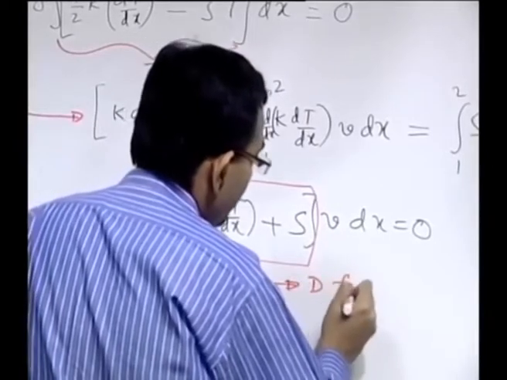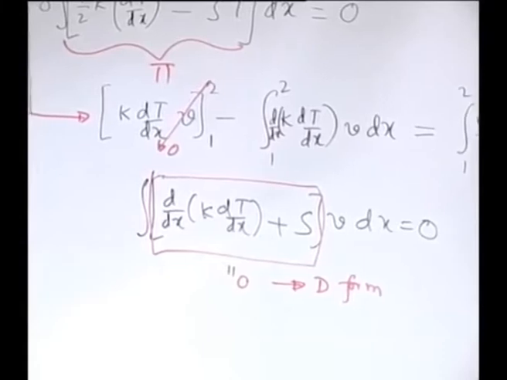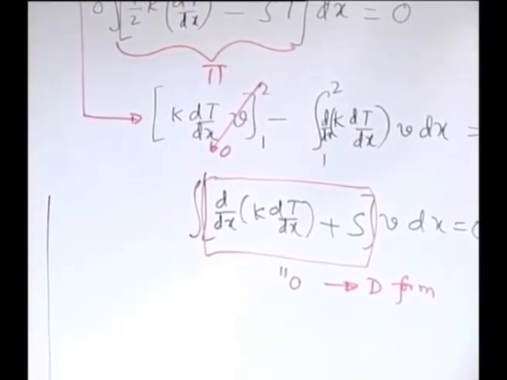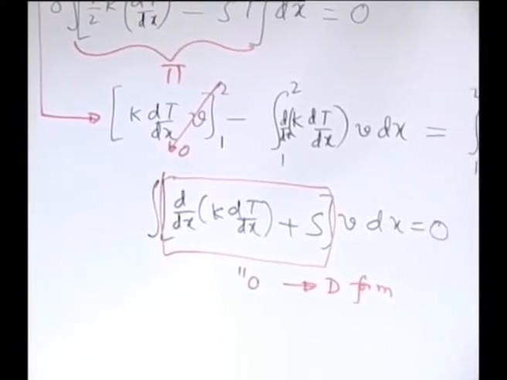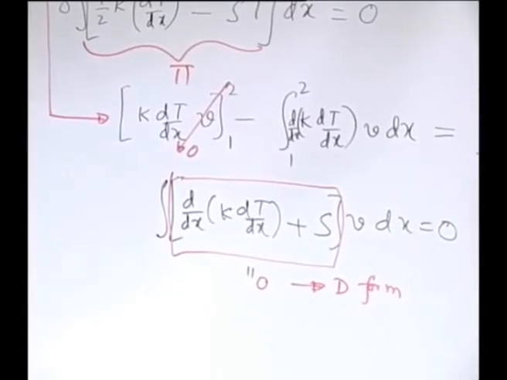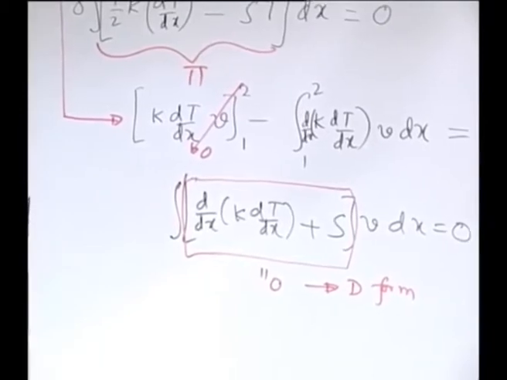So from the V form you could get back the D form, or you could get the M form also, provided all the underlying conditions are fulfilled. Now let us pay some attention to the boundary conditions. We have actually taken a very simplified form of the boundary condition. What simplified form have we taken?